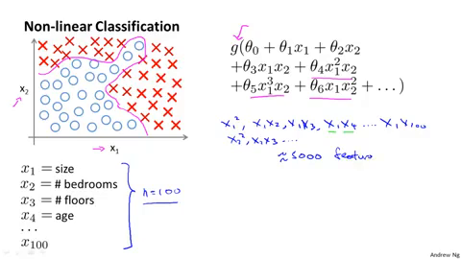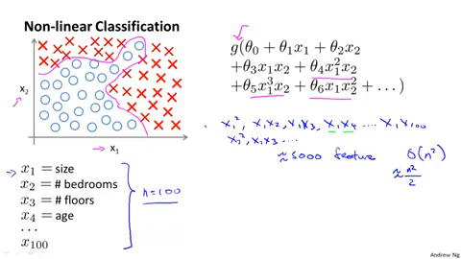And asymptotically, the number of quadratic features grows roughly as order n squared, where n is the number of the original features like x1 through x100 that we had, and it is actually closer to n squared over 2.